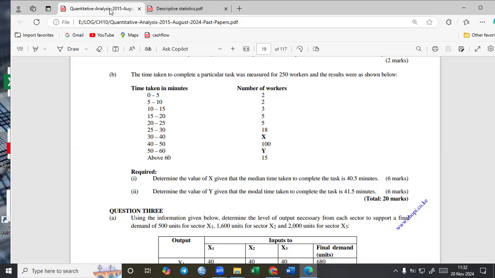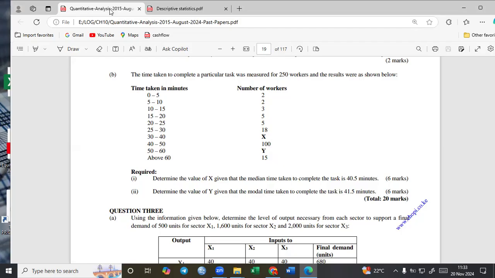Determine the value of Y given that the modal time taken to complete the task is 41.5. Now let's do it. Let us do it together and see how the examiner wanted us to handle it. So we start with the time taken in minutes.